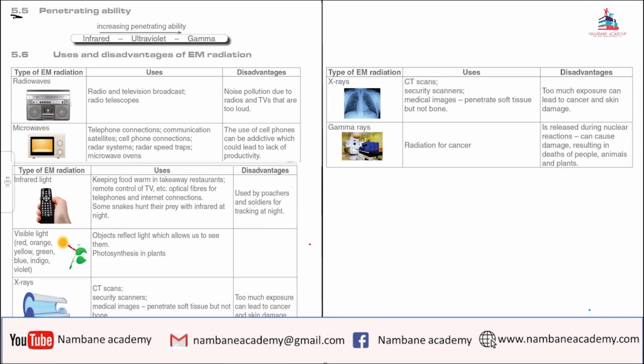At 5.5, ladies and gentlemen, we have penetrating ability. What is penetrating ability? Remember, these waves do not need any media to travel. How is it possible for us to tell that the people next door are talking, even though we do not see them?